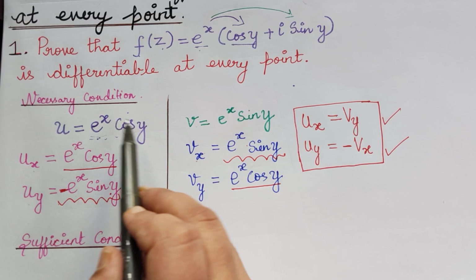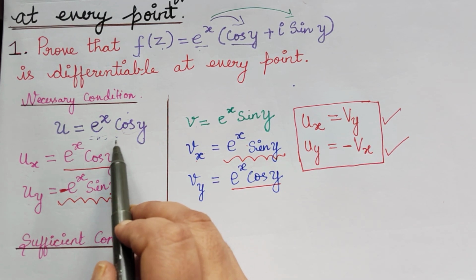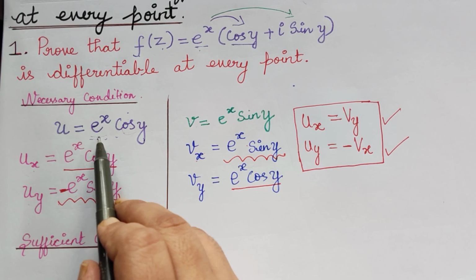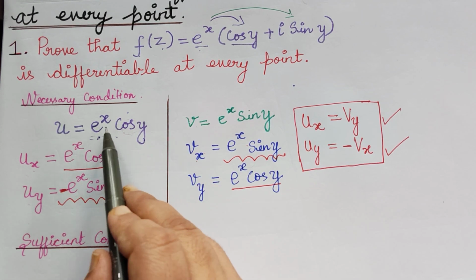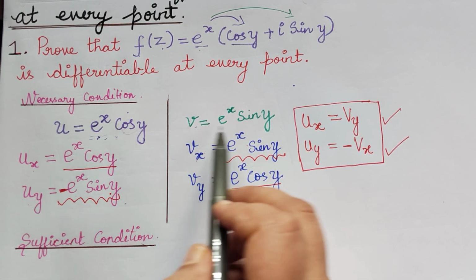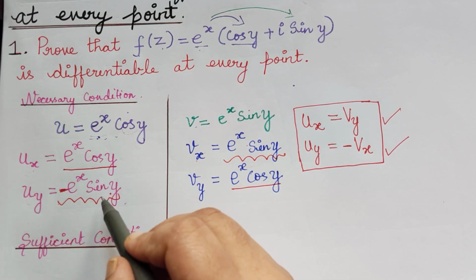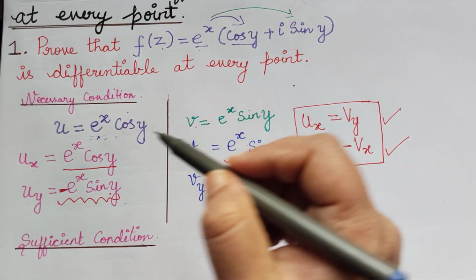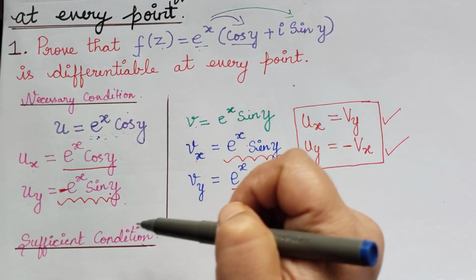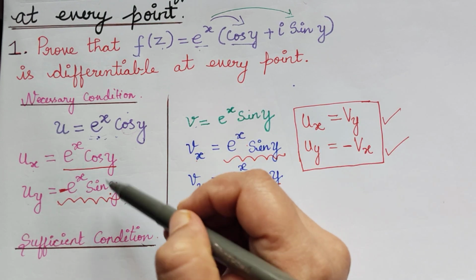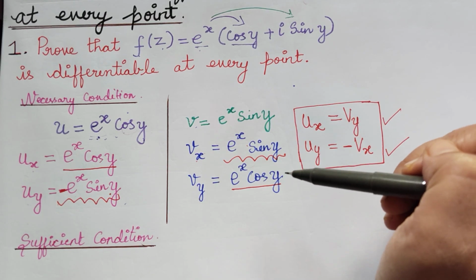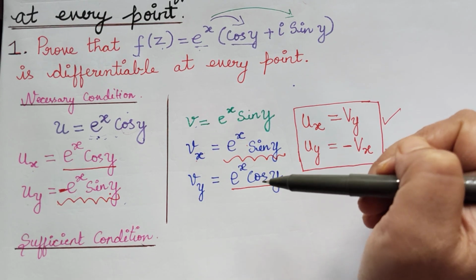In a similar way, trigonometric functions are also continuous. And we also know that the product of two continuous functions is continuous, and hence u and v are continuous. In a similar way, the first order partial derivatives ux, uy, vx, vy are all products of continuous functions and hence u, v and their first order partial derivatives are continuous, and therefore the sufficient condition is also satisfied.